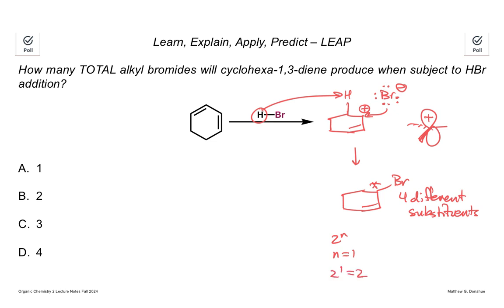So 2 to the 1 gets us 2 stereoisomers. We named them R or S, and we'll produce them in a 1-to-1 ratio. That was called a racemic mixture. So our answer here is B.